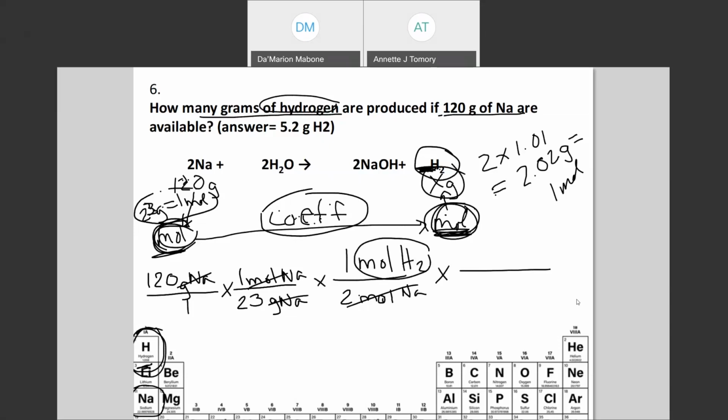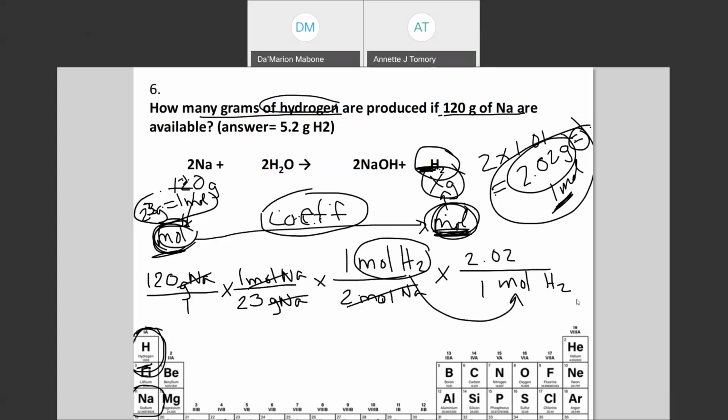So if I have moles on top, I need to put moles on the bottom. Look at your conversion factor now with your molar mass. What number goes with moles of H2? 1. And what is that equal to? 2.02. That's right, that'll be on top. The moles of H2 cancel now.